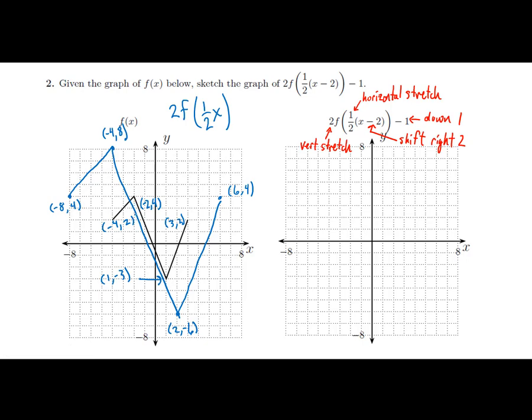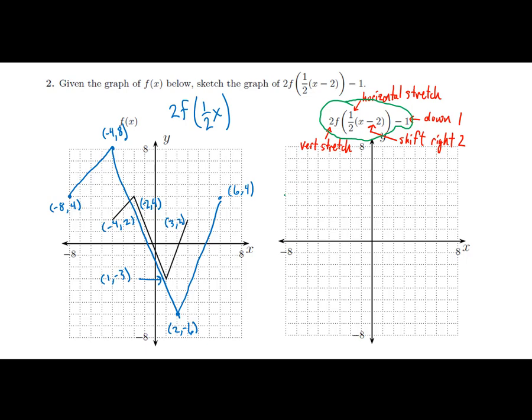So I know I'm going to the right 2 and down 1, and just so that I keep this a bit cleaner, let's use, what color should I use? I guess I'll use green. So this whole thing I'm going to graph in green, but I'm going to do that over here where it's a little cleaner.